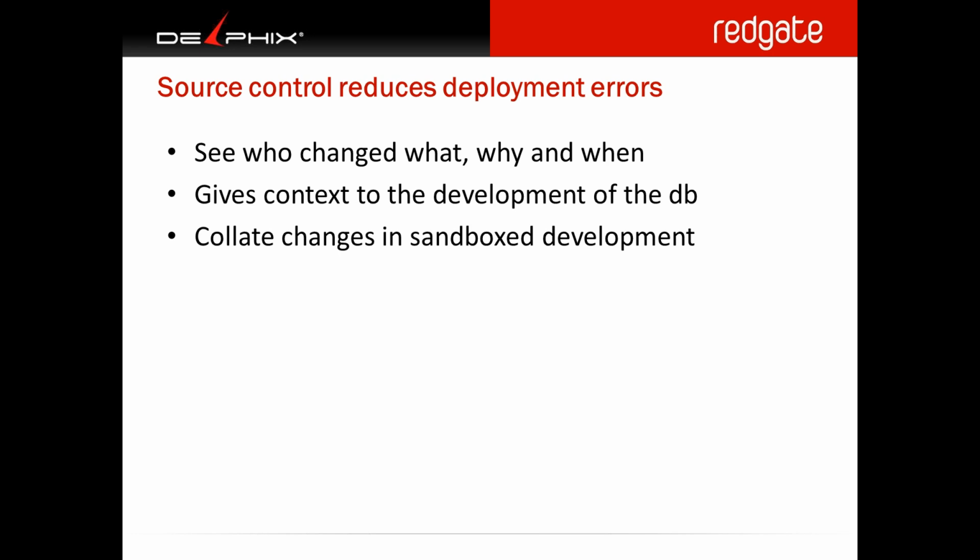It enables everybody to see who changed what, why, and when, and it gives some context to the development of the database. So this is great, so we don't just end up with a new version of the database which is almost blind. By source controlling your changes as you go along, you can build up a story of how the database ended up in this new state.